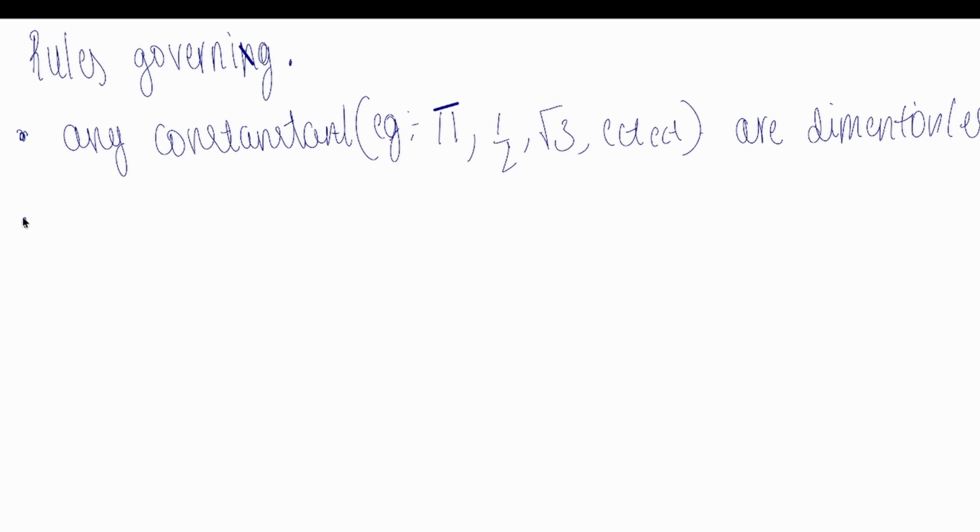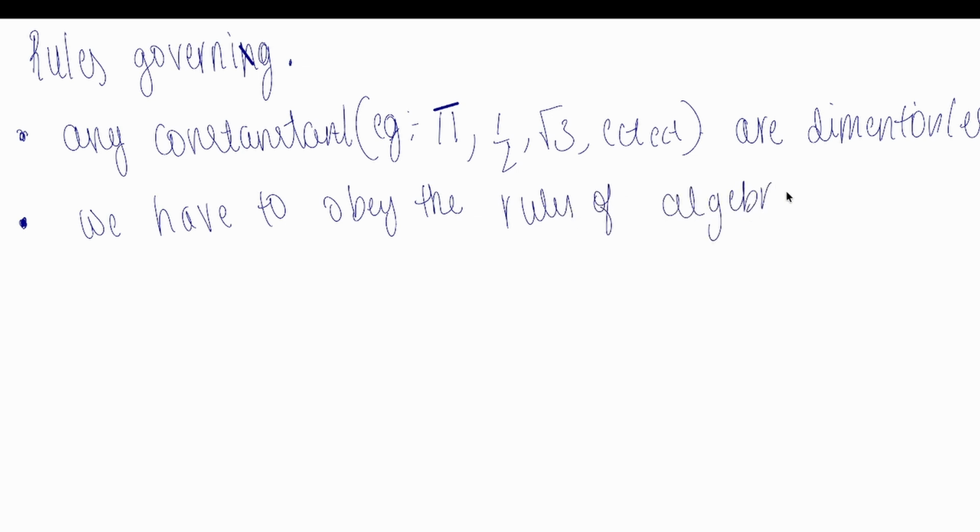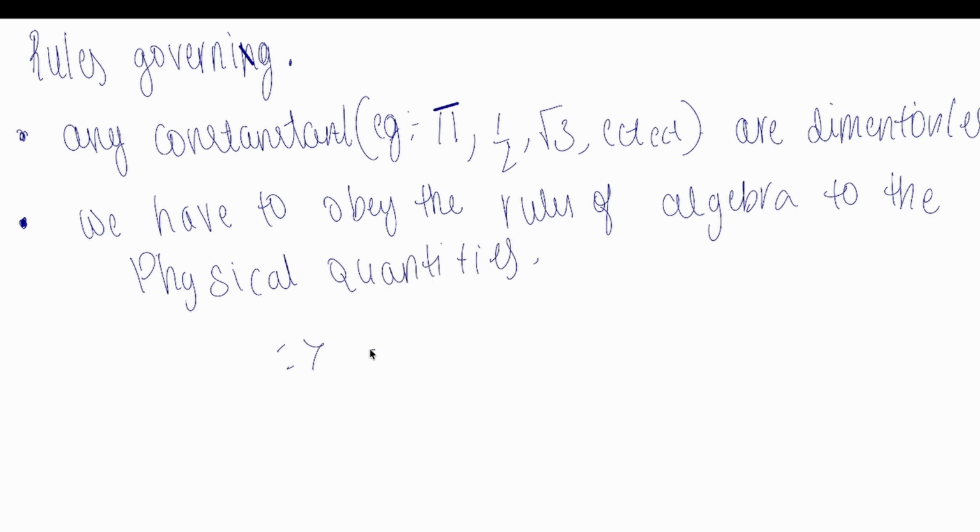Second of all, we have to obey the rules of algebra for the physical quantities. What I mean is, for example, I have a dimensional formula like M power 2 L power 3 T power minus 2, and I have L power minus 2 T power 2.